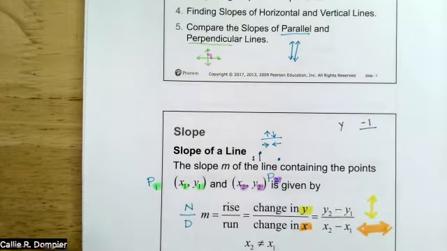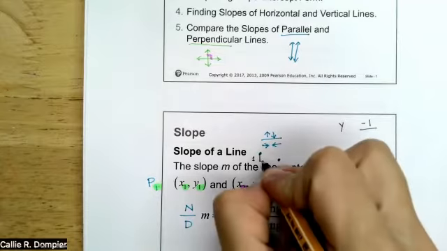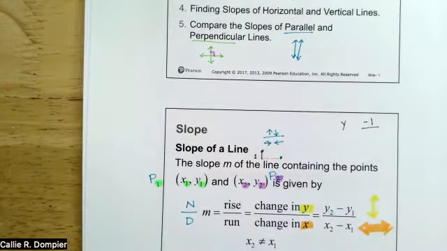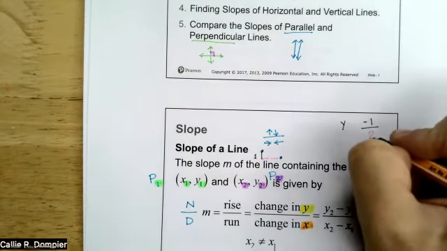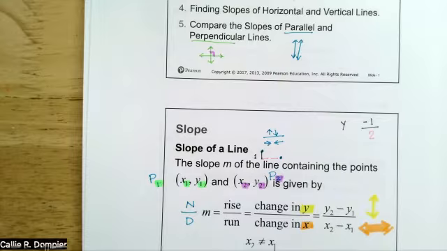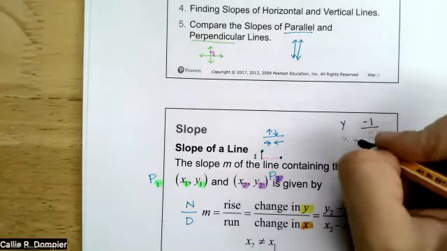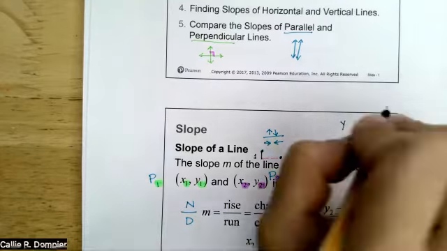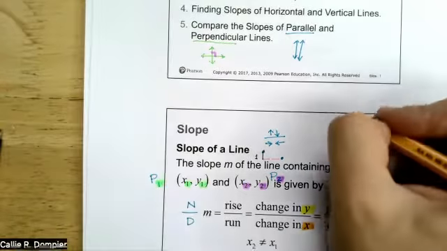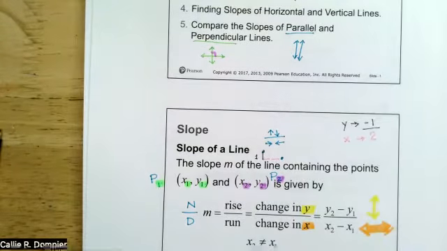And then from that point, maybe I'm going 2 to the right. So down 1 to the right 2. My x is equal to 2 and my y is equal to -1. All right, so that's actually a slope of -1/2.